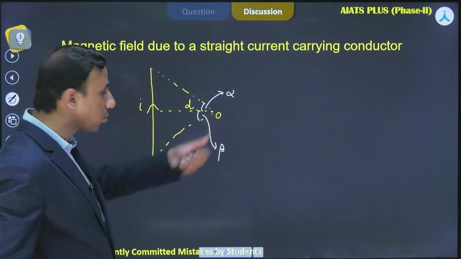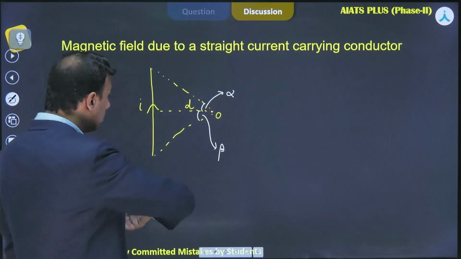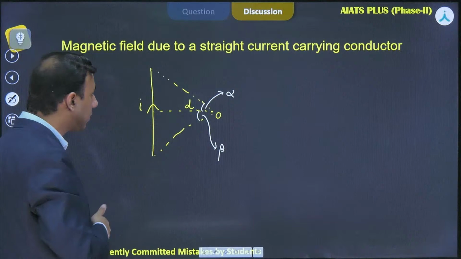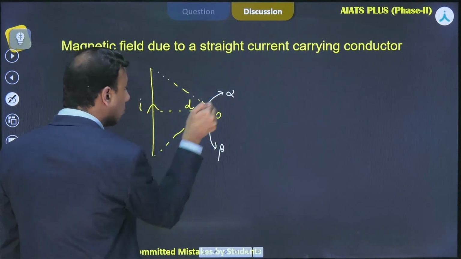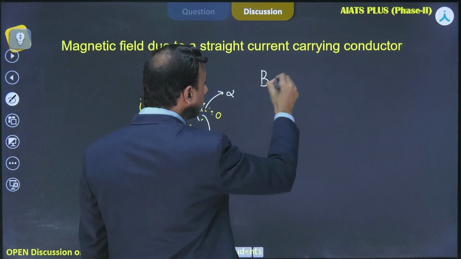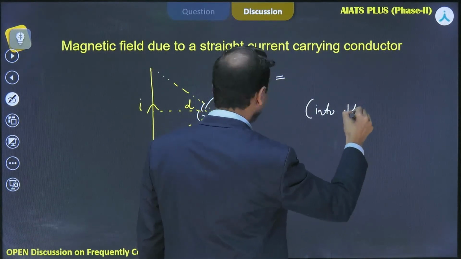So magnetic field at O, again use the same hand to find magnetic field direction at O. Point your thumb along the direction of current, curl your fingers like this. So magnetic field is going to be into the plane at O. So B is equal to, whatever the value be, it will be into the plane.